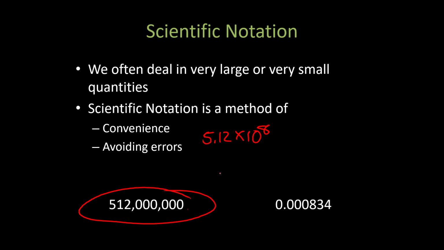If you would rather do it in scientific notation, the way Blackboard works is very much like a TI calculator. So if you were going to type this in scientific notation in Blackboard, you would do 5.12 capital E and then 8. So the capital E is times 10 raised to whatever you put next.